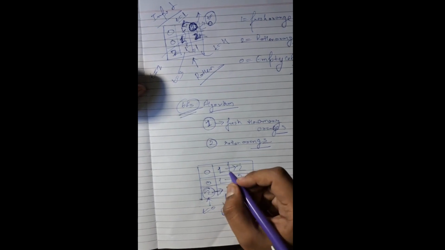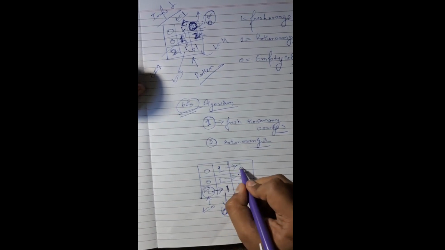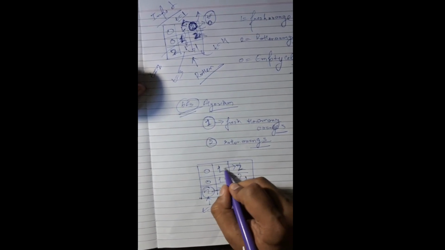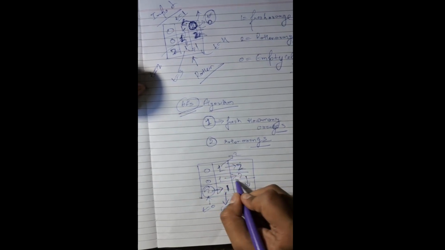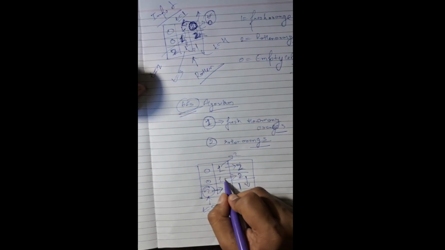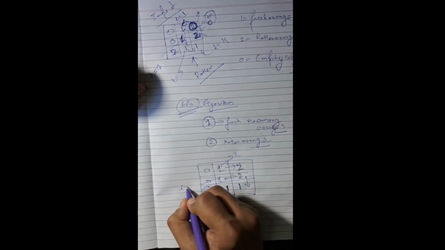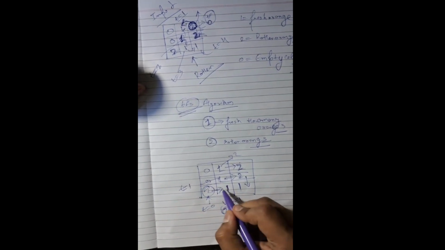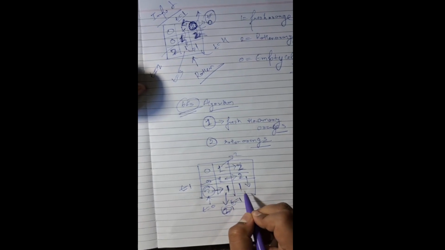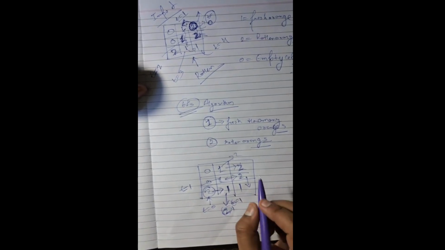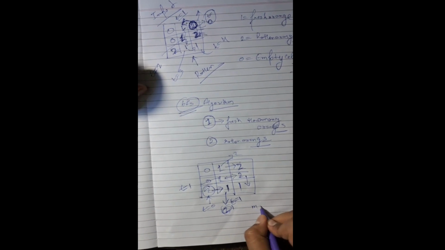In the same way, at the same time, this 2 will convert this 1 to a 2, and this 2 will convert this 1 to a 2, all at t equal to 1. After this, there will be no 1 left, so we won't be able to traverse any more. So the maximum time required will be equal to 1 for this question.